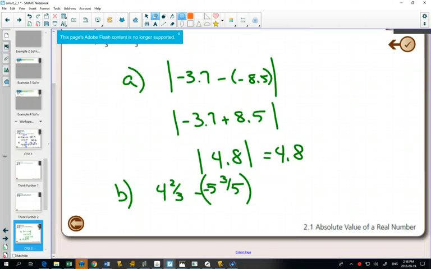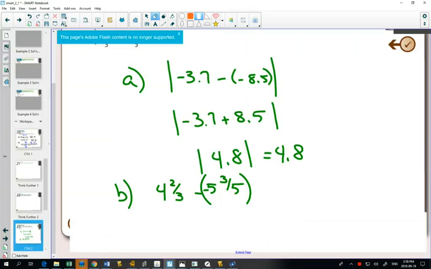But this is a good question because it really practices your fraction work. First of all, minus a negative. I could put absolute values since it says we should use them, even though we won't need them.